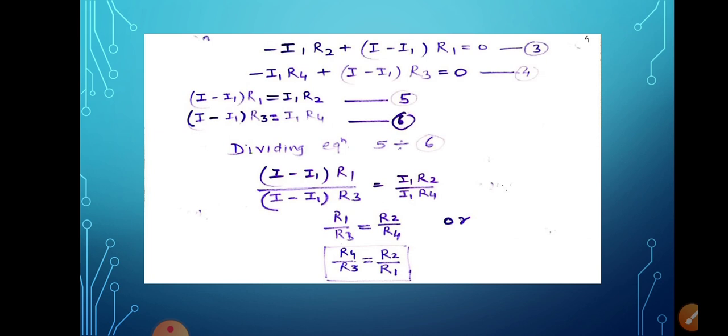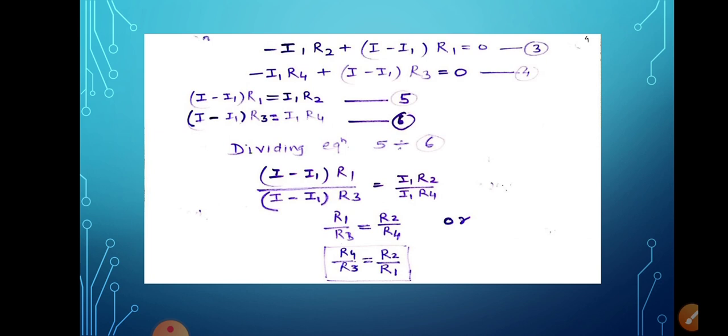Then rearrange and divide equation 5 by 6. So I minus I1 will cancel, and on the right hand side I1 will cancel. So it will become R1 upon R3 equal to R2 upon R4, or R4 upon R3 equal to R2 upon R1.